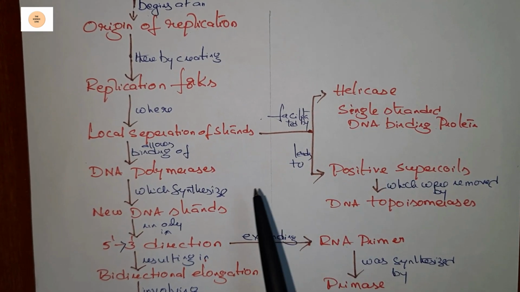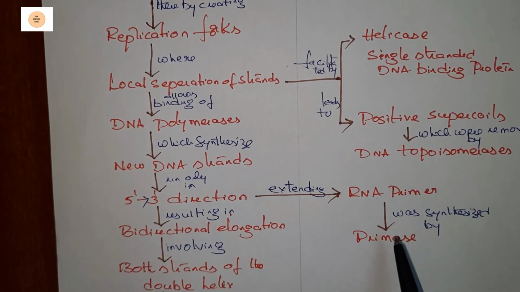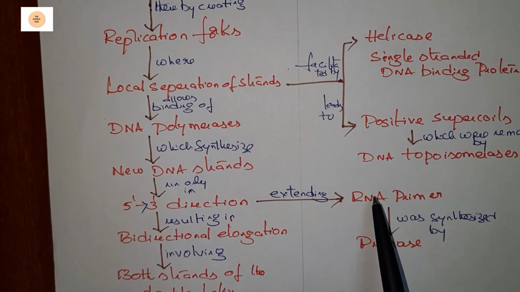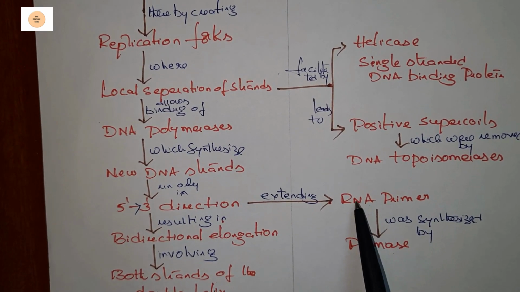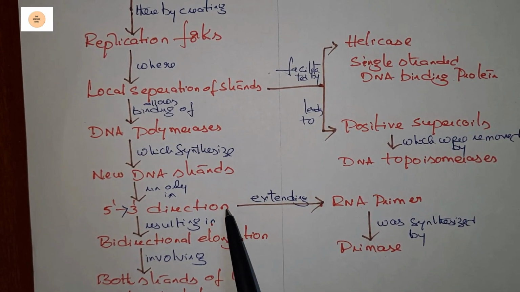Primase initiates the synthesis and generates an RNA primer. The free 3' hydroxyl end of the RNA primer provides the initiation point for DNA polymerase for the addition of the dNTPs.